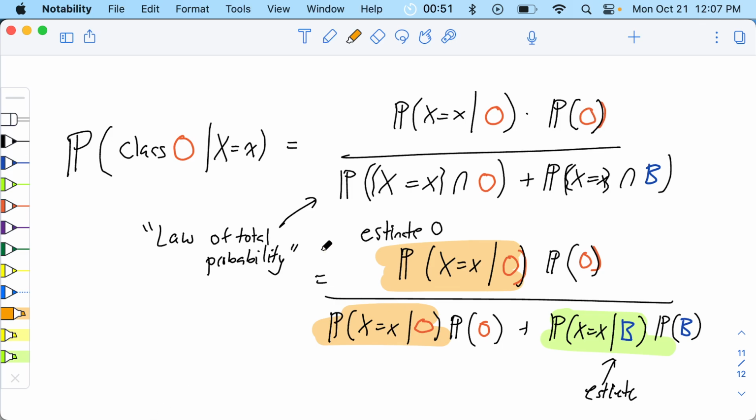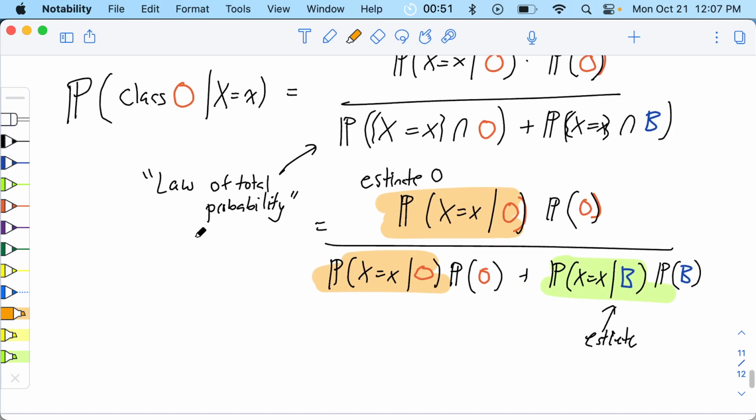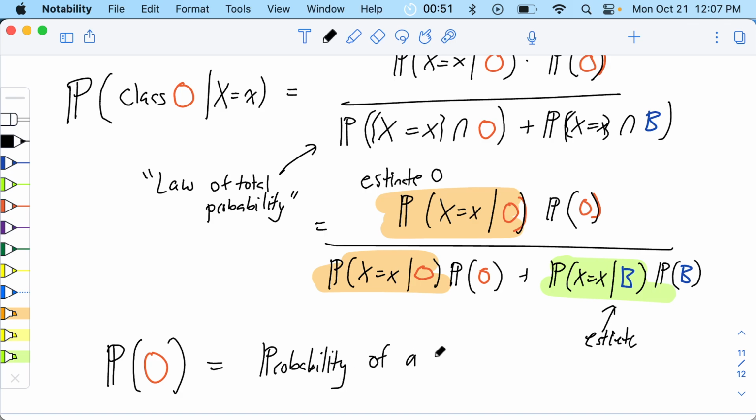You might notice there's one parameter, P of orange, and that is up to you to choose. Sometimes this is called the prior probability. This is the probability a point is orange if you don't know anything about the point, given no information.